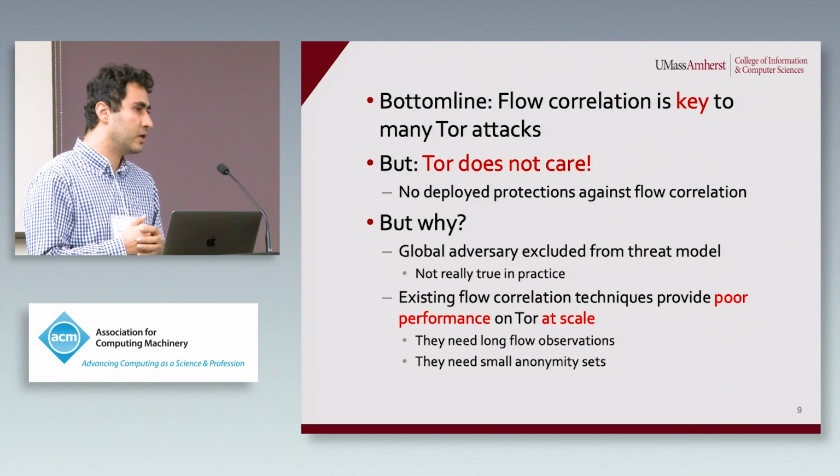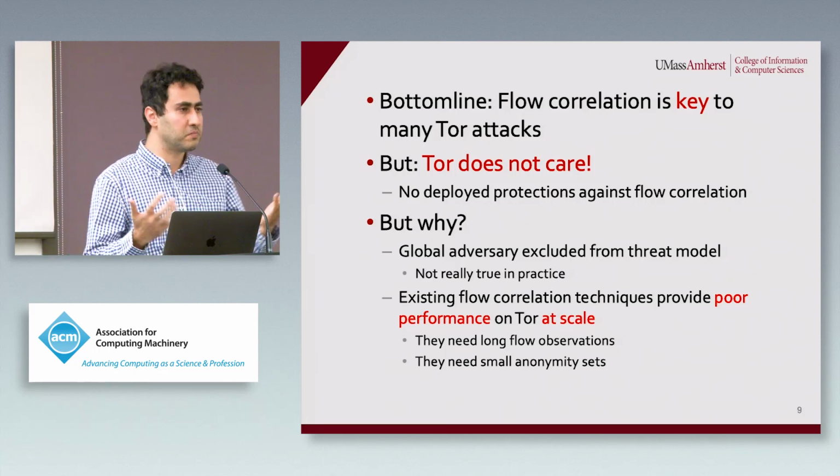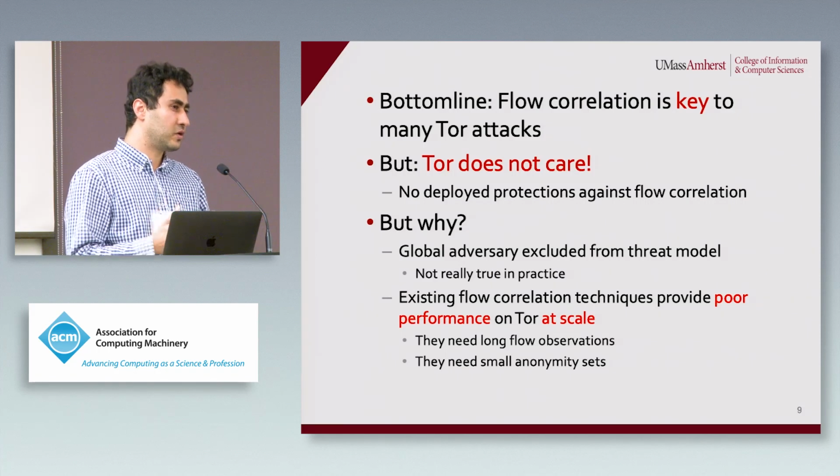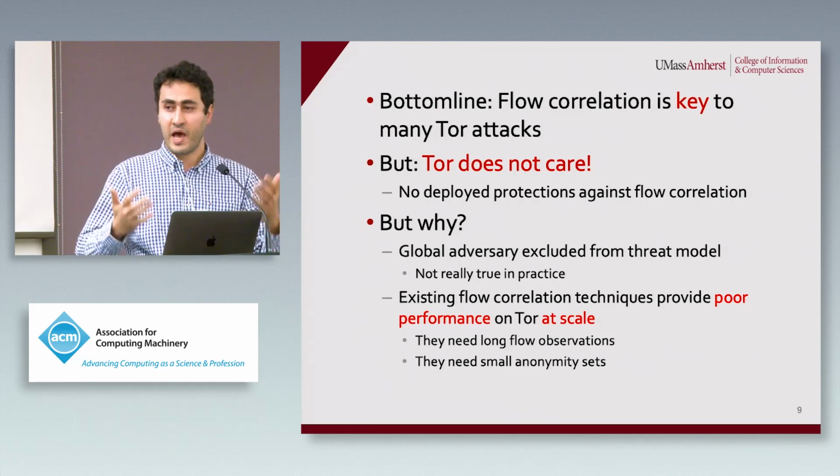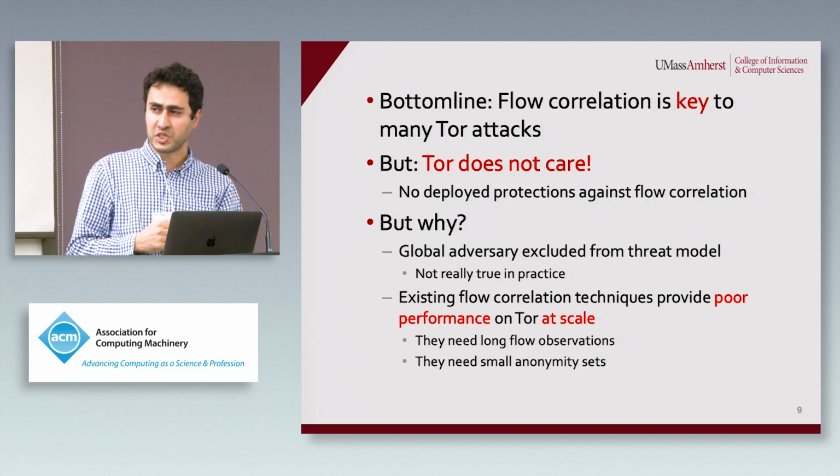The first reason is that the Tor threat model does not consider resistance to a passive global adversary who is intercepting and watching a lot of the Tor connections.